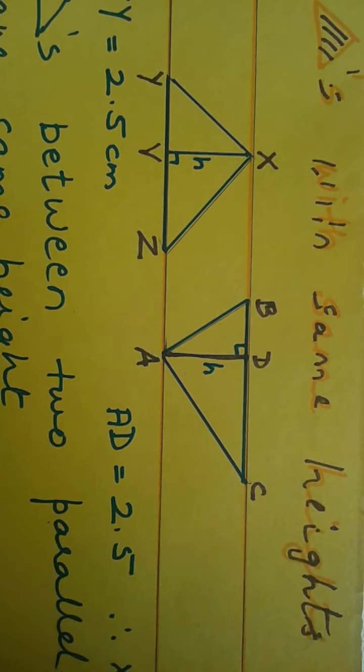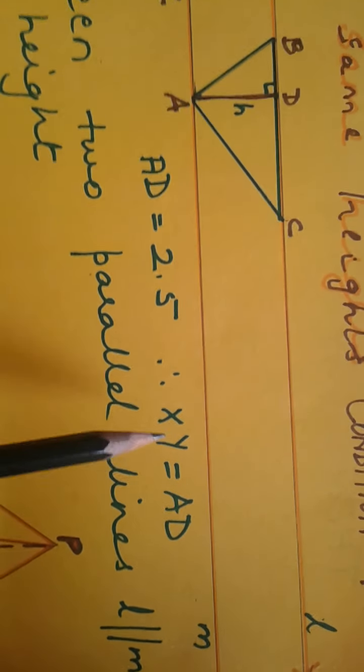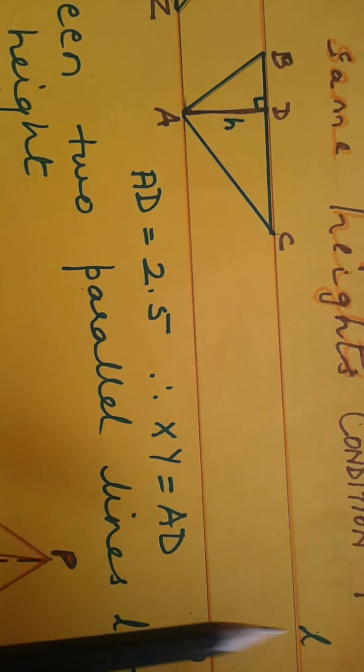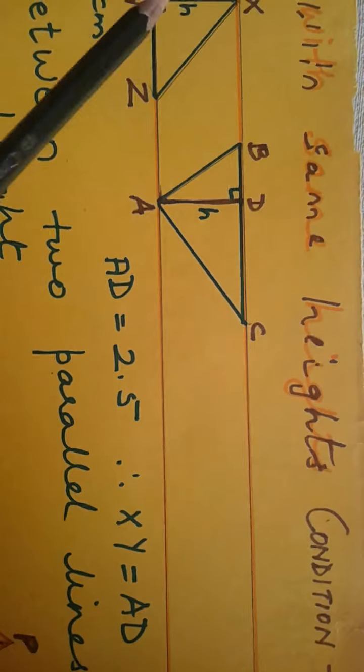Therefore, XV is 2.5 centimeter and AD is also 2.5 centimeter. Therefore, XV is equal to AD. Height of both the triangles is equal.